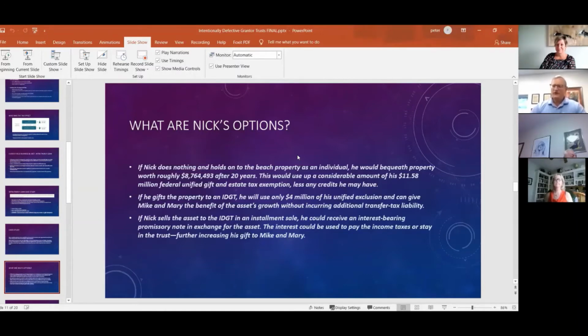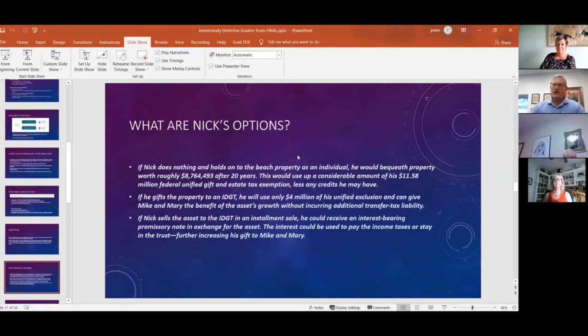Or Nick says, you know what, this is cool. I like that idea. I like getting the asset out of my estate, but I do still need some cash flow. So rather than gifting, Nick could sell the asset to the trust and then take back a promissory note in exchange for the asset.